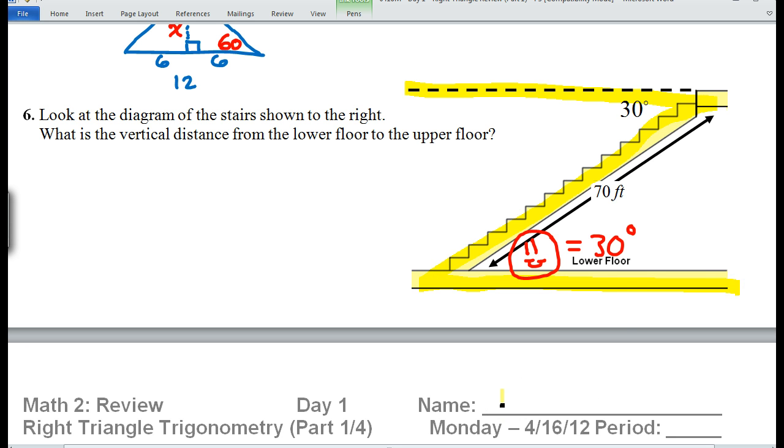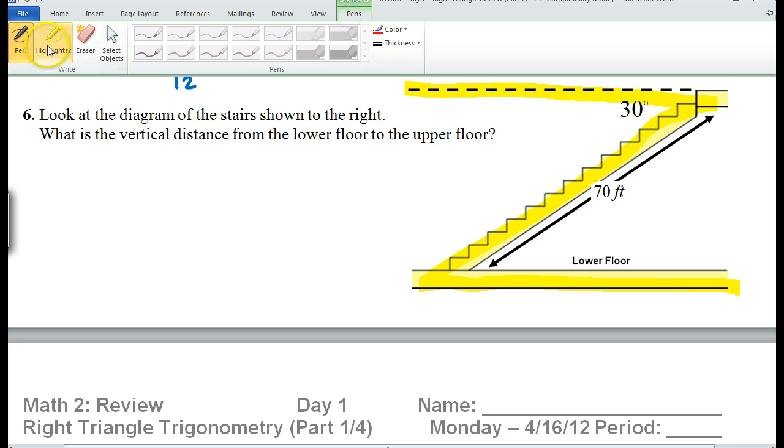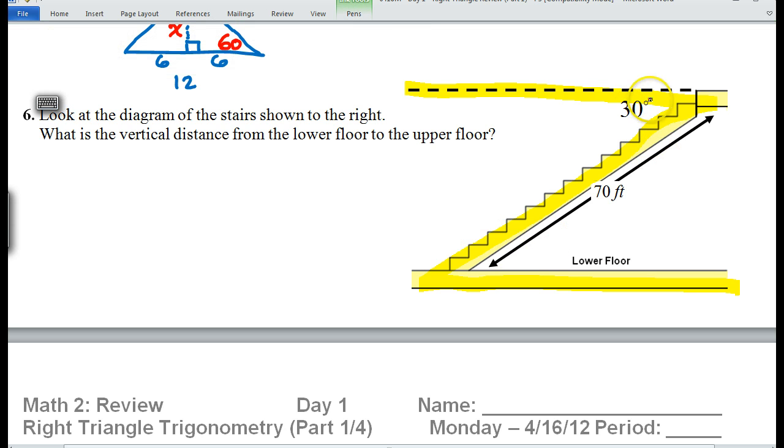Anytime you have a Z angle like this, the two corners in the Z will always be the same degrees. So if this is 30 degrees up here, then this is also going to be 30 degrees down here. All right, that was critical.